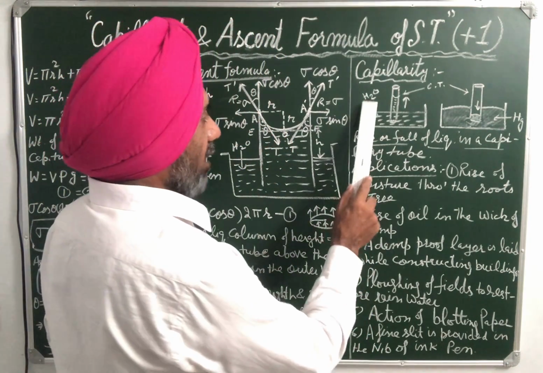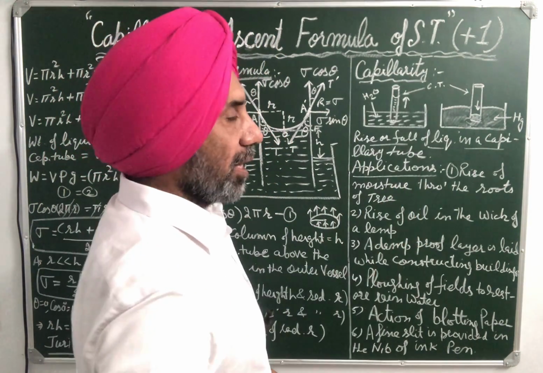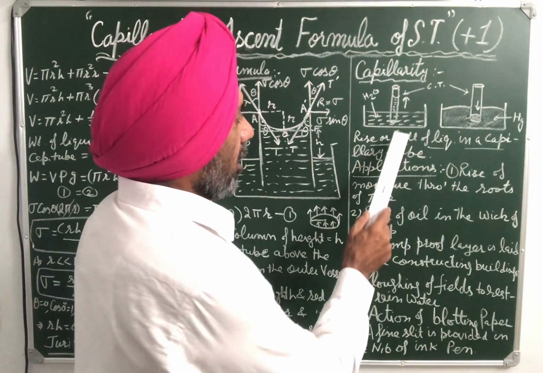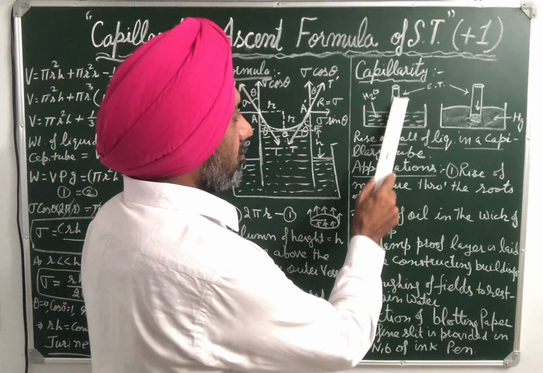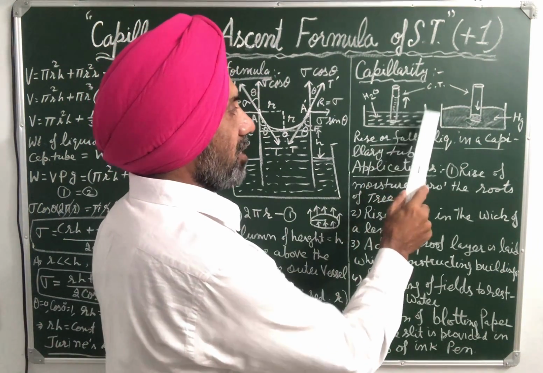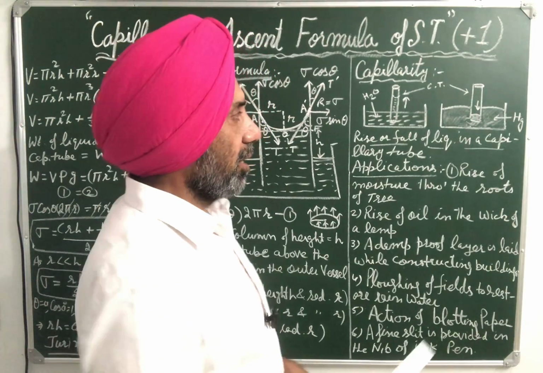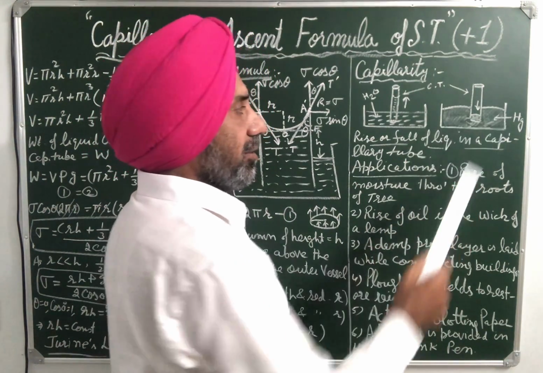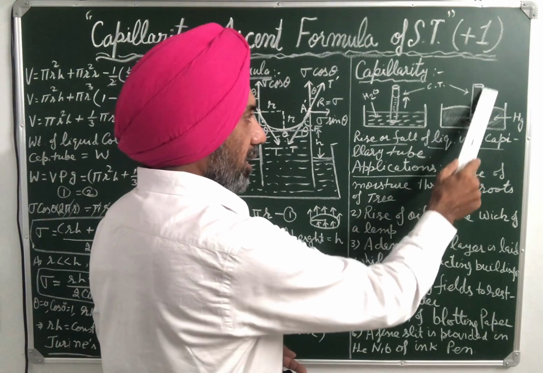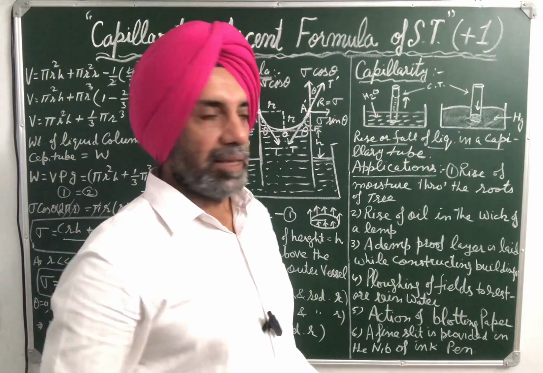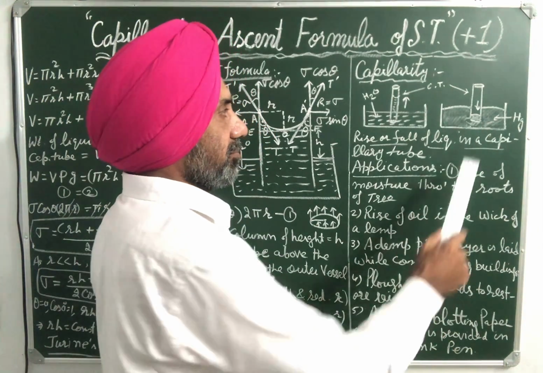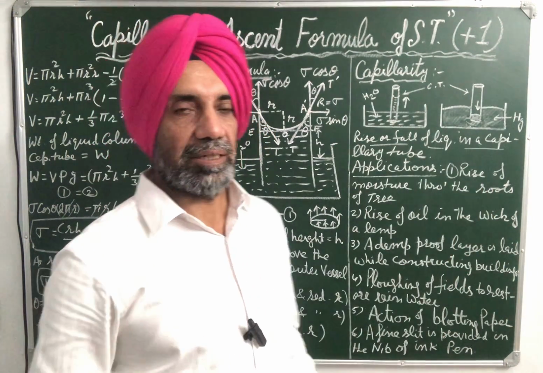So suppose we have water and dip a capillary tube in it, you see water rises in the capillary tube, attains some height above the free surface in the outer vessel. If we take mercury and dip a capillary tube in mercury, then mercury will fall in the capillary tube as compared to the height in the outer vessel.